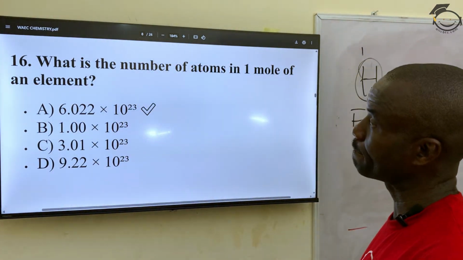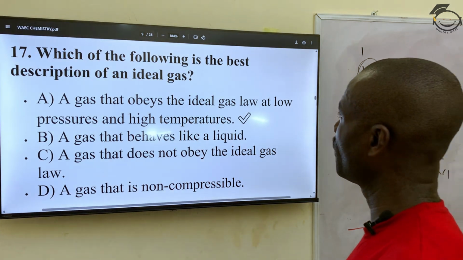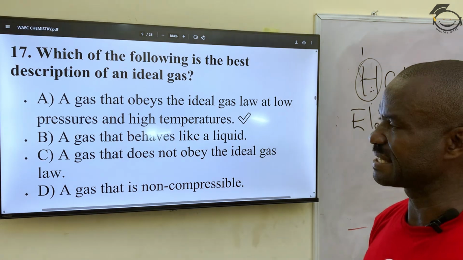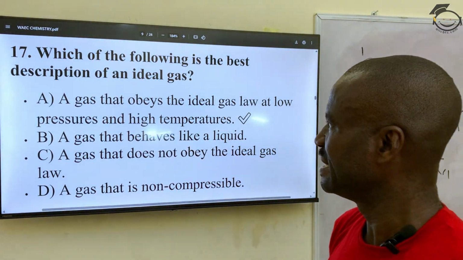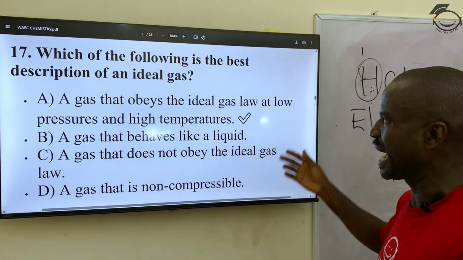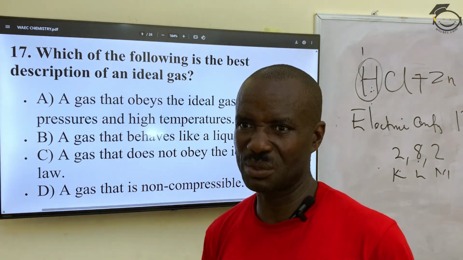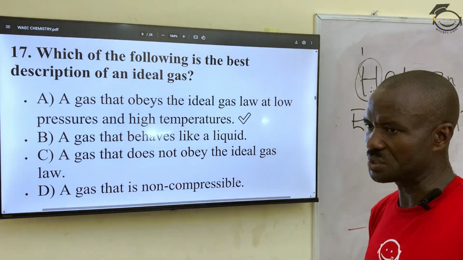Question 17. Which of the following is the best description of an ideal gas? That is, which of these definitions describes what an ideal gas is? A, an ideal gas is a gas that obeys the ideal gas law at low pressure and high pressure, meaning they obey the gas laws, which are Charles' law, Boyle's law, Gay-Lussac's law, and so on.